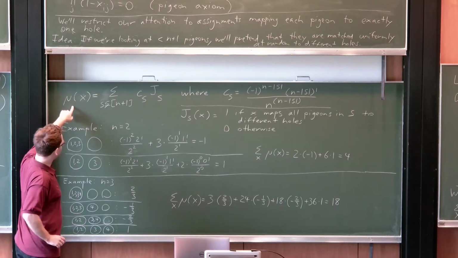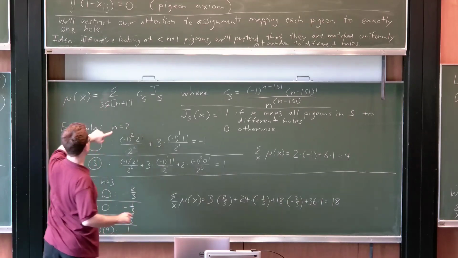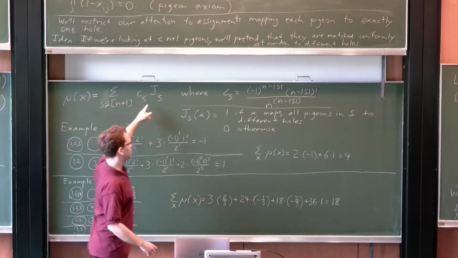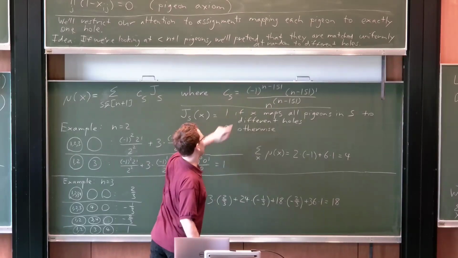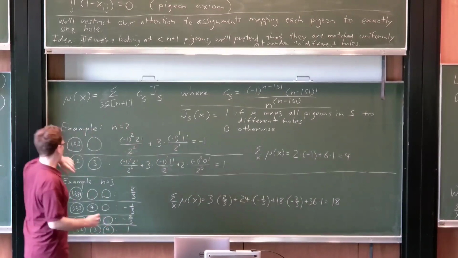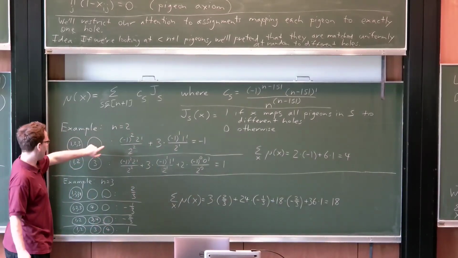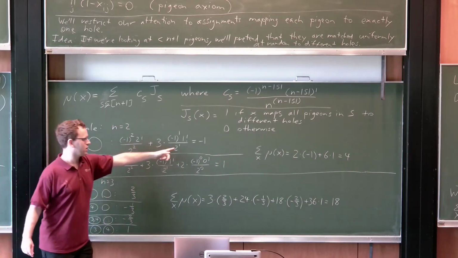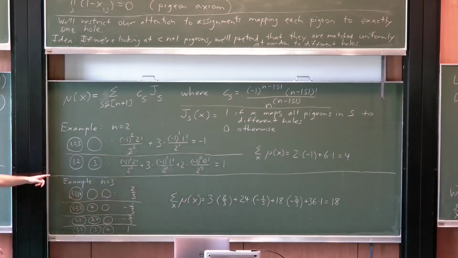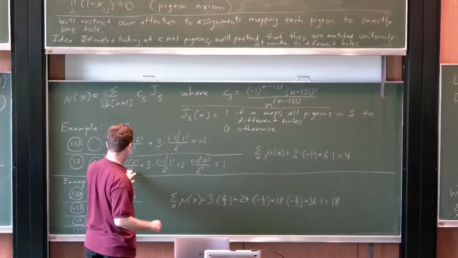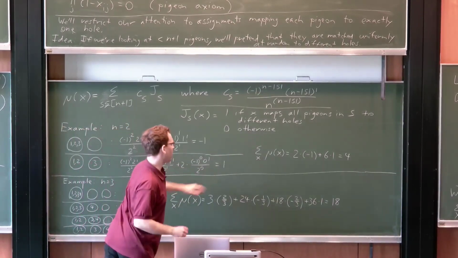Okay, so we take mu of x to be the sum over subsets S not equal to all the pigeons of C_S times J_S, for some coefficient C_S. For example, if we have 3 pigeons in 2 holes, then for an assignment mapping all 3 pigeons to 1 hole, we get a coefficient of -1. If we map 2 pigeons to 1 hole and 1 pigeon to another hole, we get a coefficient of 1.